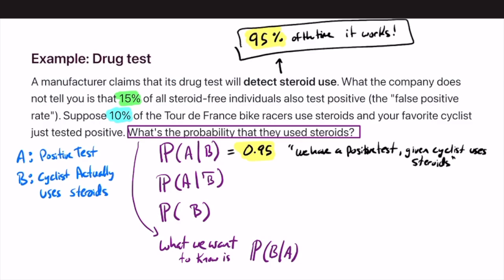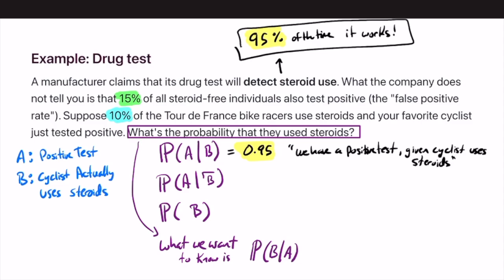Because that's what the test is saying. 95% of the time it works. If you're using steroids, then 95% of the time you're going to get a positive result on our test. So that's the true performance of their test for catching people who use steroids, and that test is highly sensitive to that.